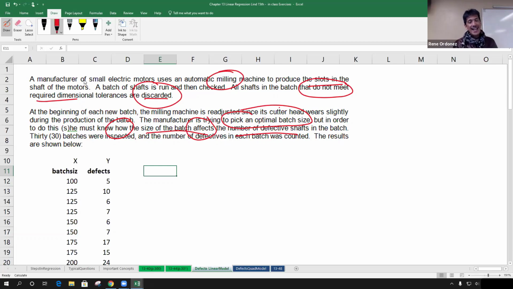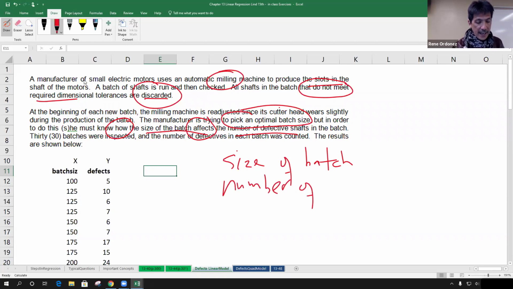So in this sentence, you see a couple of variables: the size of the batch and the number of defective shafts.